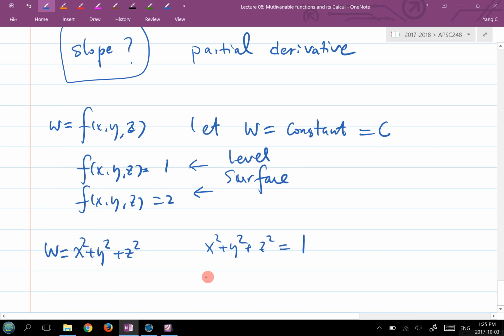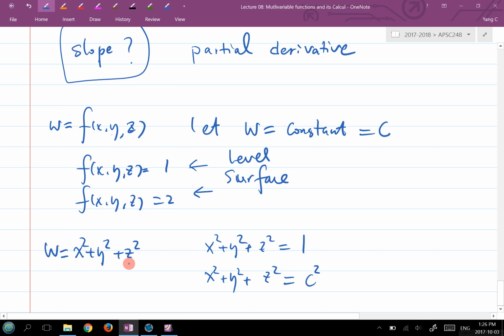If we let w equal a different number, say c squared, it's still a sphere, now with a radius of c. But all the spheres have the same origin. So for this function of three variables, you can imagine layers and layers of orange: you peel one layer and there's another layer.